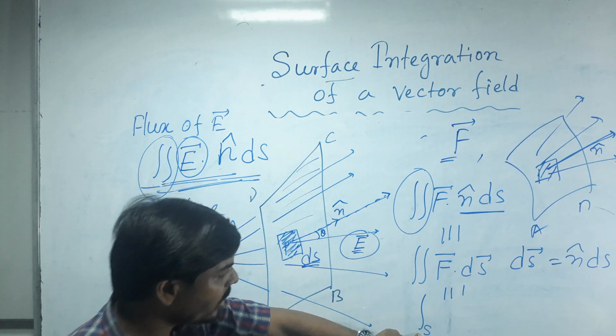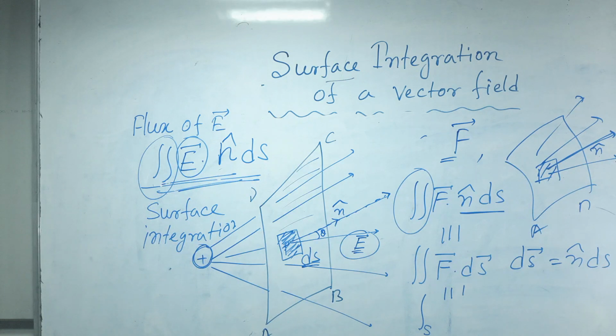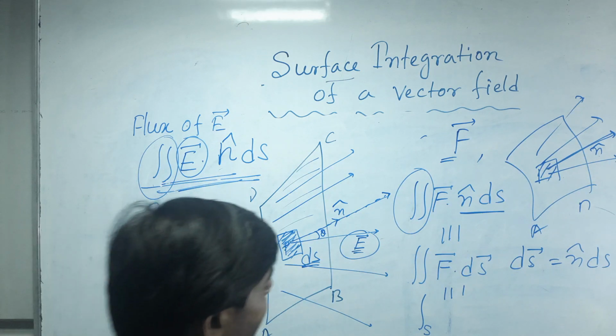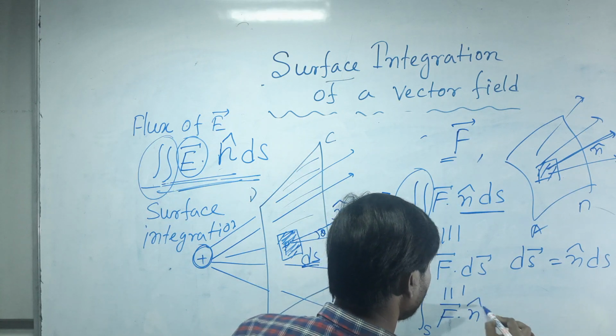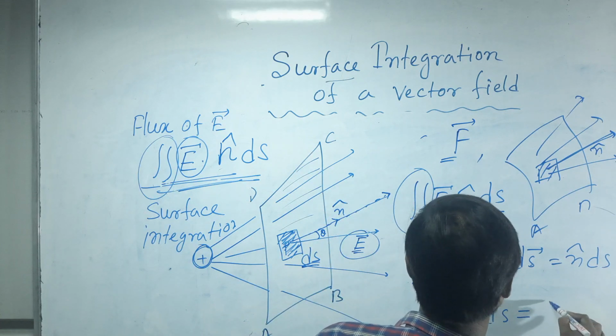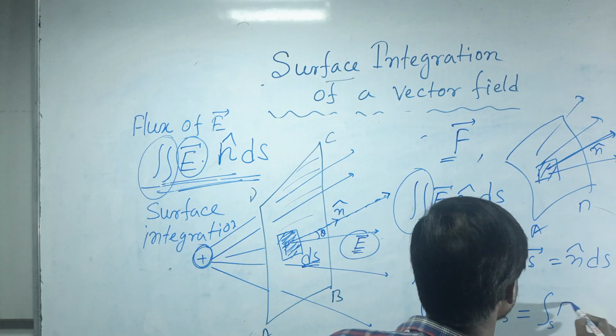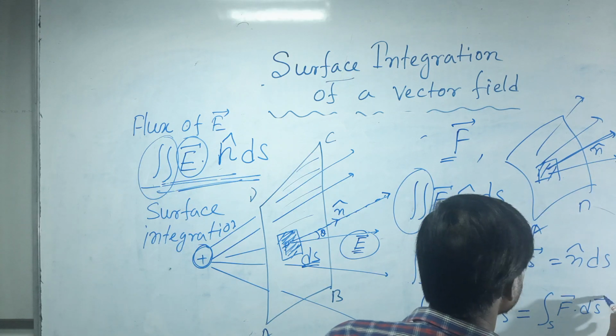Is it clear? Let's check whether it is visible. Yes, it is visible. So either you can write the surface integration of F dot n cap ds, or it is the same as the surface integration of F dot ds vector.